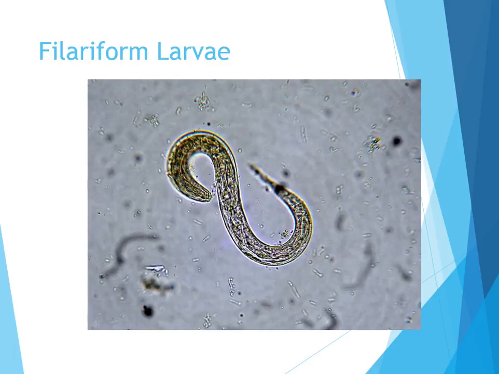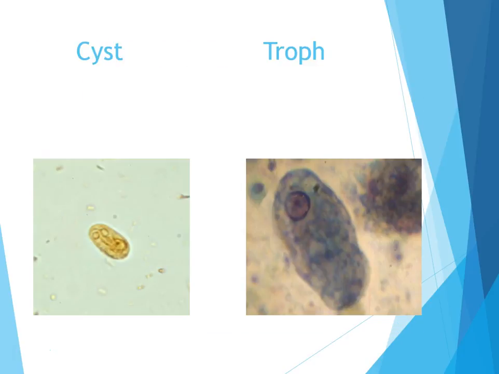These last three terms are the major phases or stages of most of the parasites. There are a couple that don't have a cyst stage, and some that don't have a Filariform larva stage. But these are the three stages that they can have. This is the Filariform larva.